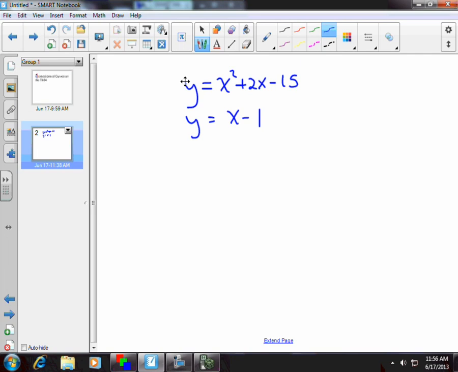Now again, I have no doubt that you could find the points of intersection of these two curves using algebra. You would just take the two functions, set them equal to each other, and use basic algebra rules and solve that equation.